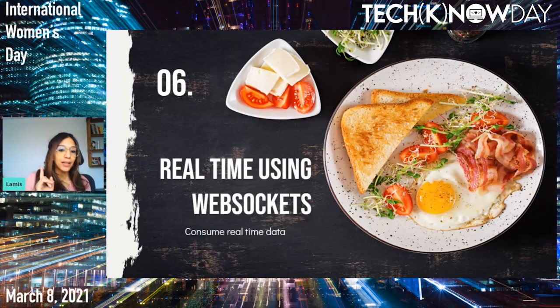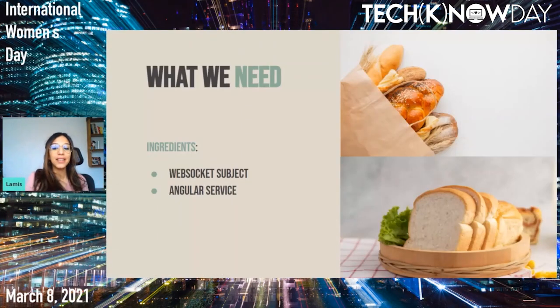Now, for real-time using WebSockets, which is an advanced topic, let's say, how to consume real-time data coming from WebSockets. If you have a WebSockets backend, and you have some real-time data that needs to be pushed from your server to your client, then you will need the WebSocket subject and an Angular service.